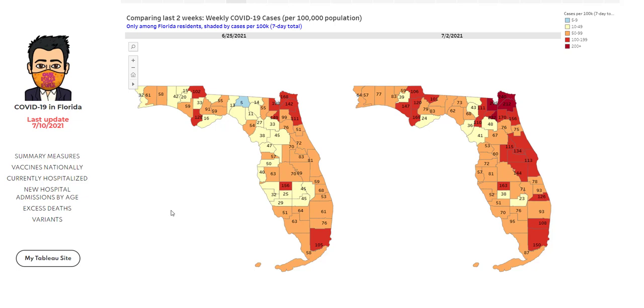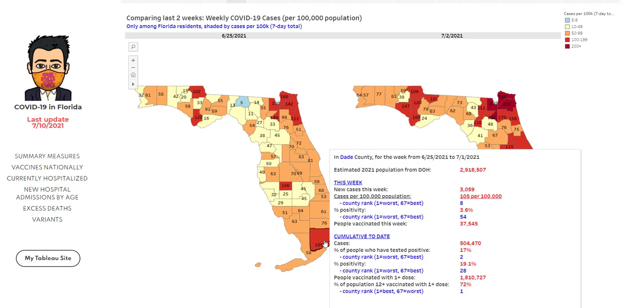The more red we get in this case, the worse it is, the more cases per capita that we have in those counties. And again, if you hover over any county for either of the two tables, you get a lot of different information on a number of metrics. You get the number of new cases that week in the county, the cases per 100,000 population, and where that county ranks. In this particular week, Miami-Dade County was eighth highest in terms of cases per capita.